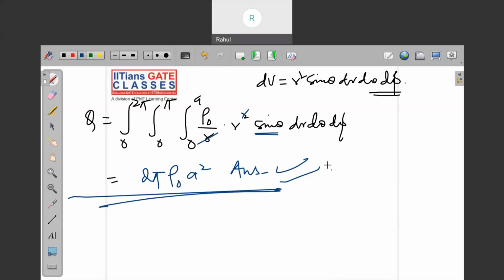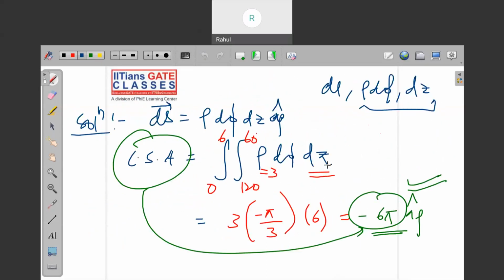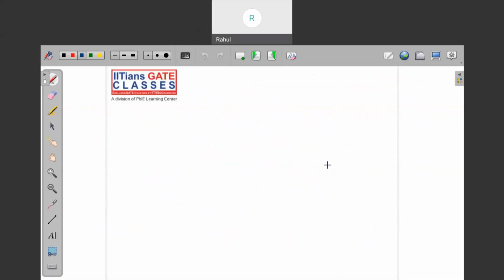So these are the applications of the line integral, the surface integral and the volume integral, as I discussed. There is no theorem we have applied here. But suppose you have to compute a line integral and the calculation becomes tough. That question can be done by considering some surface.